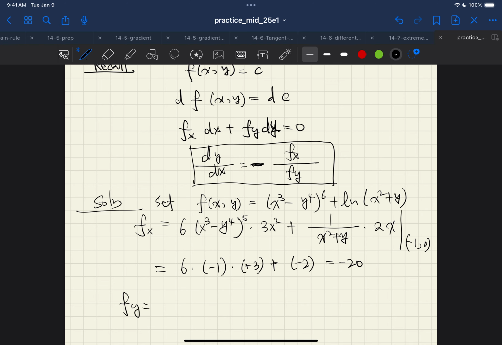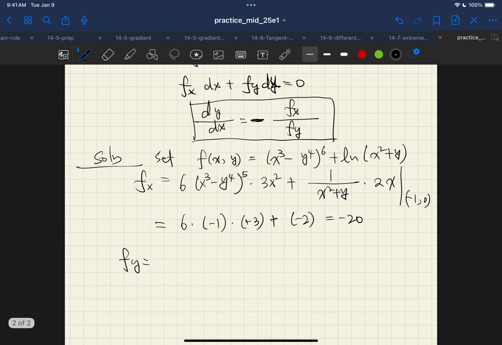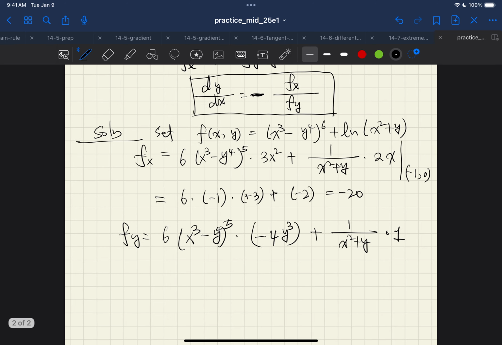And fy. Again chain rule for the first term: 6 times this to the power of 1 less, which is 5, and then the y derivative, which is -4y cubed, plus x squared plus y, whose y derivative is 1. Now I put in (-1, 0).